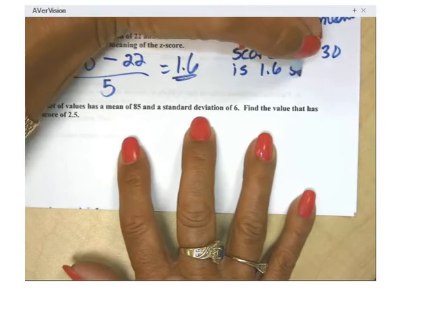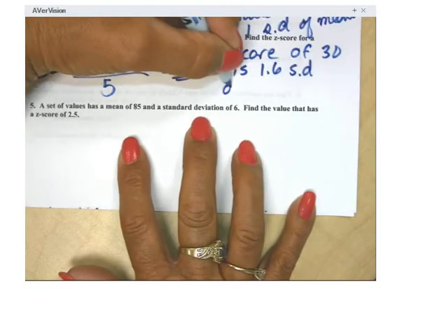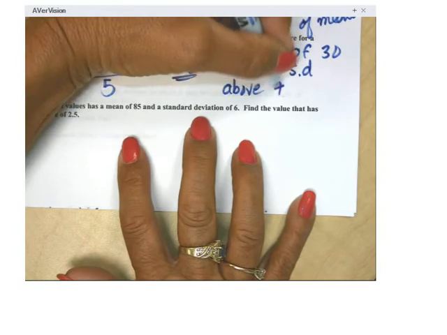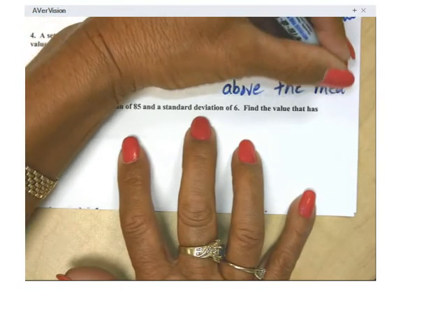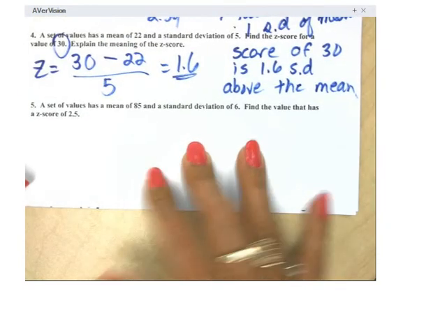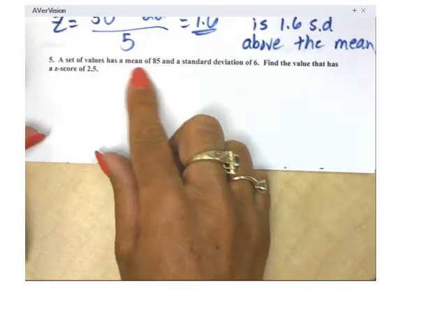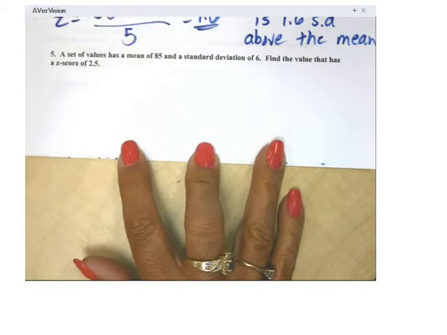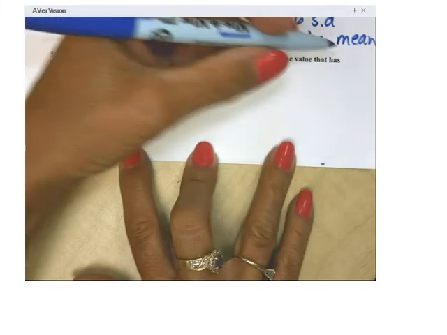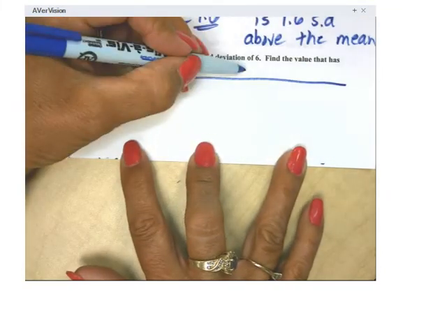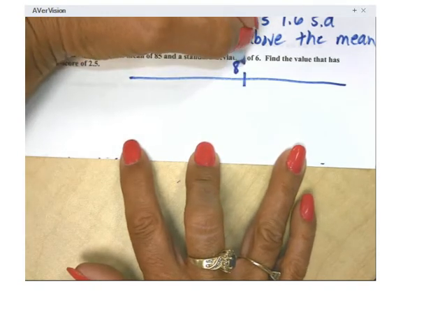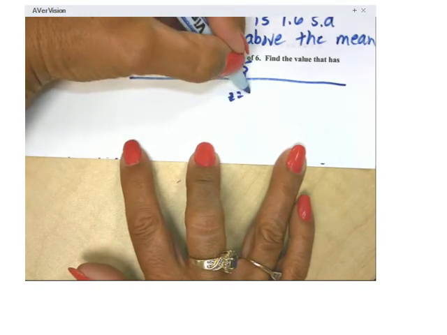Standard deviation is the measure of how spread out the numbers are for this situation, and we know that if a score has a z-score of 1.6, the score of 30 is 1.6 standard deviations, because it's positive, above the mean.